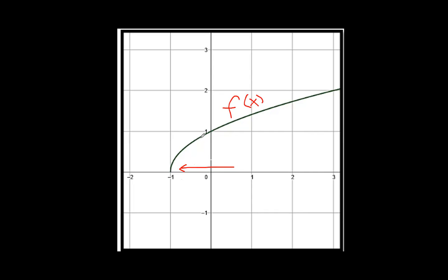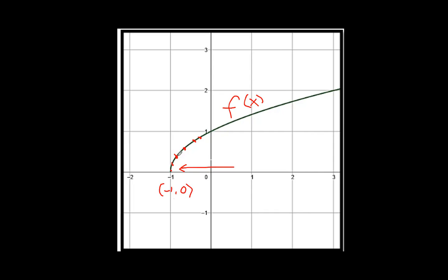So if we consider the trend or the behavior of the graph, it is approaching the point -1, 0, from right to left, or from the right of -1.